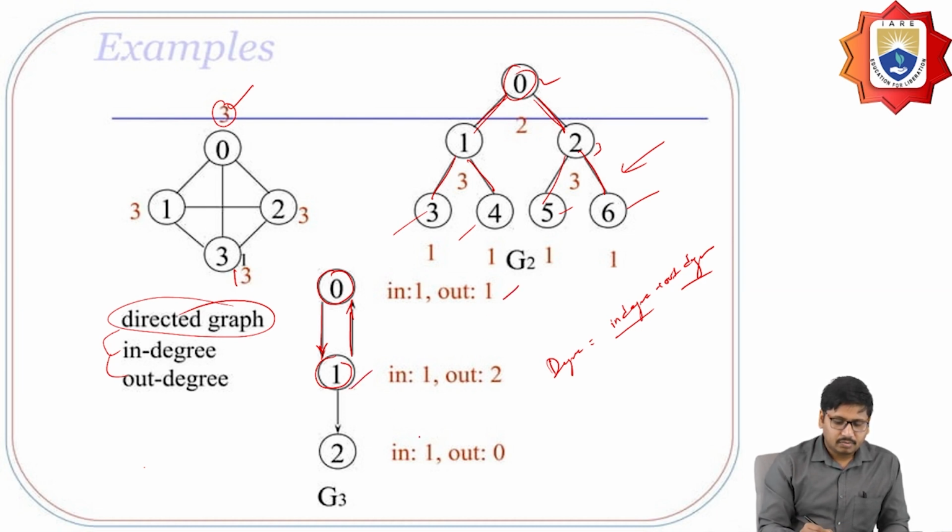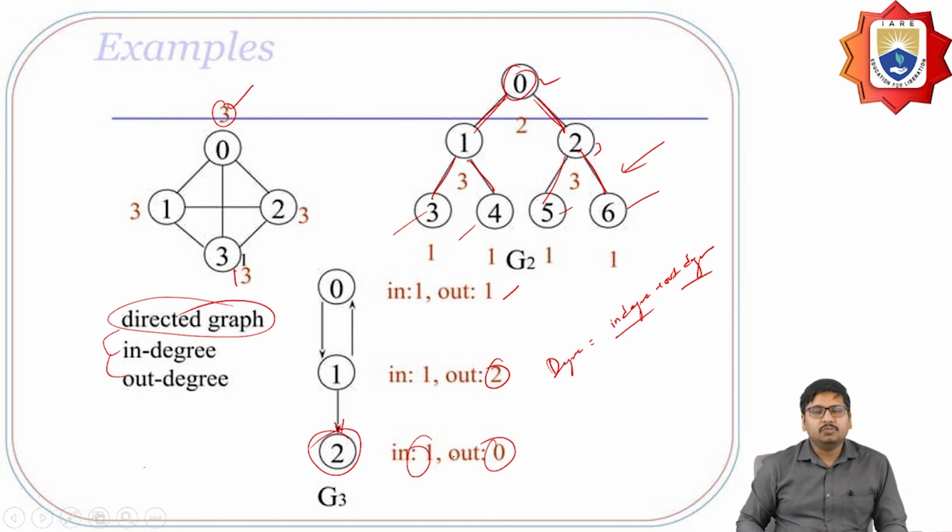For the vertex V1, the in-degree is 1 and the out-degree is 2, because this is one leaving edge and this is another leaving edge. In the case of this one, the in-degree is 1 and there is no outgoing edge, so the out-degree is 0.